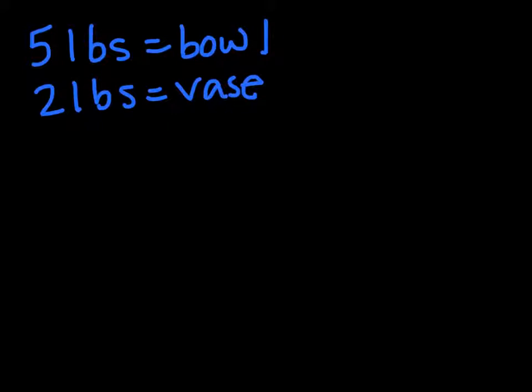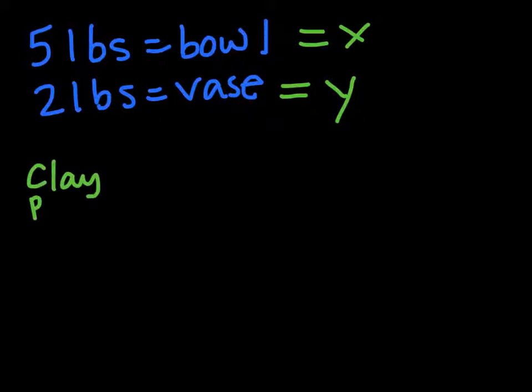Okay, so let's begin by letting x be the number of bowls that we can make, and y being the number of vases that we can make. So let's write a verbal model to help us understand. Let's begin with clay needed per bowl. And we're going to need to multiply that by the number of bowls.